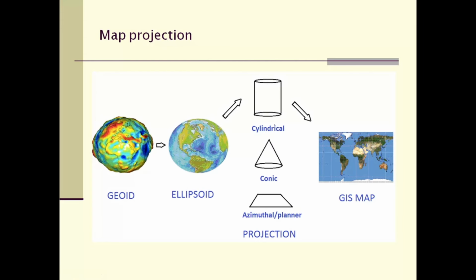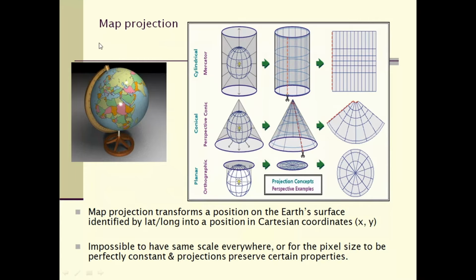Now what are cylindrical, conical and azimuthal projection systems? If you see map projection, what is cylindrical? Suppose you take a transparent globe and put a bulb in it, and you cover this transparent globe with a world map that is opaque. If you illuminate the bulb, the shadow of this map will be taken on a cylinder wrapped around this globe.